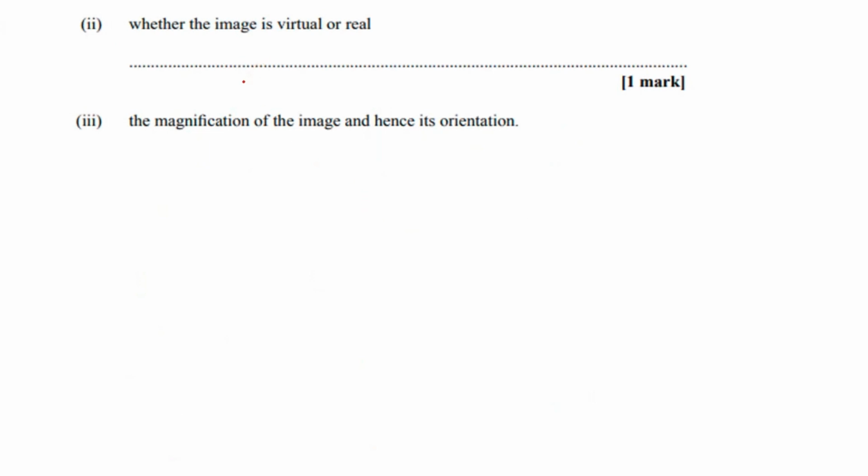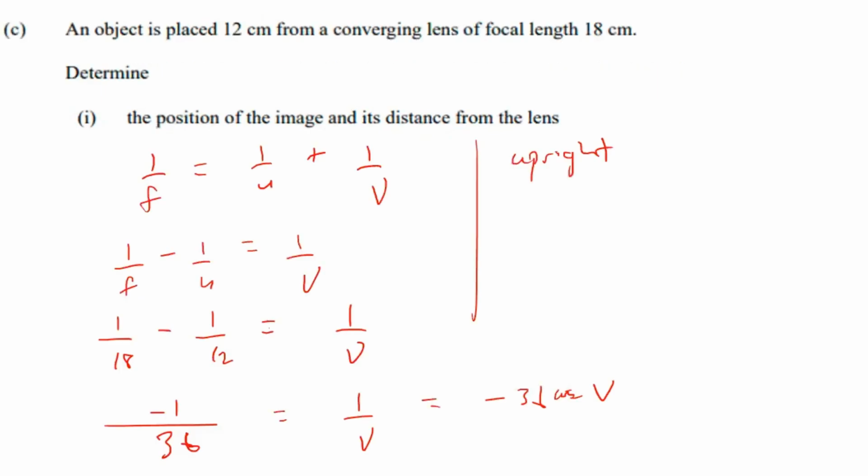We might need to go back and talk about the position again, because they're asking about the orientation, which would be speaking about upright or inverted. So we need to go back a bit to understand what they mean by the position of the image.